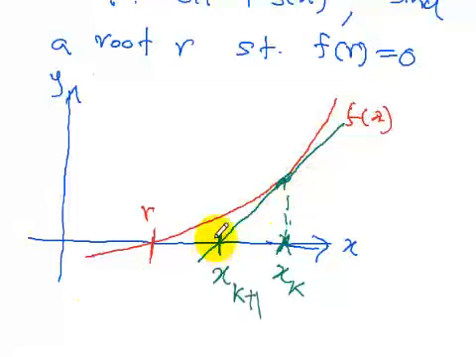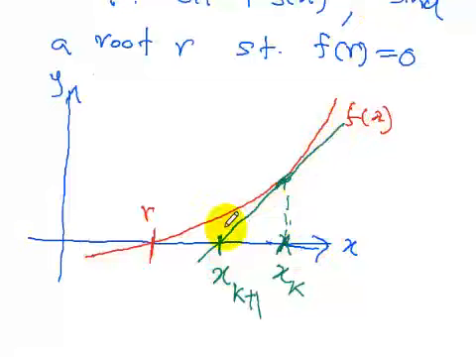So how do you find this next iterate? Just find the intersection point of this tangent line and the x-axis. Let's write an equation for that and derive a formula.